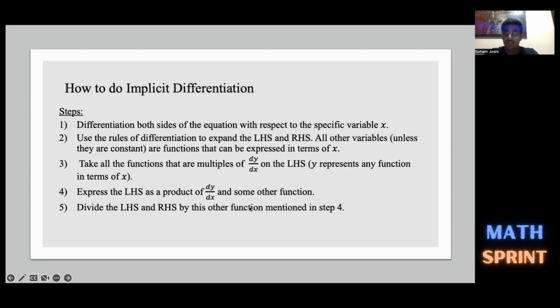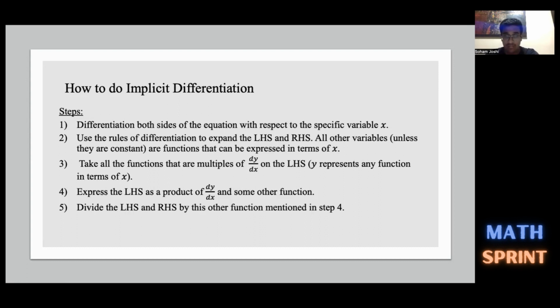Now, I'm going to be showing you how to do implicit differentiation by showing you some basic steps. The first step, differentiate both sides of the equation with respect to the specific variable x. So essentially, you have to apply the operator d by dx on both sides of the equation. Then, the second step, use the rules of differentiation to expand the left-hand side and the right-hand side.